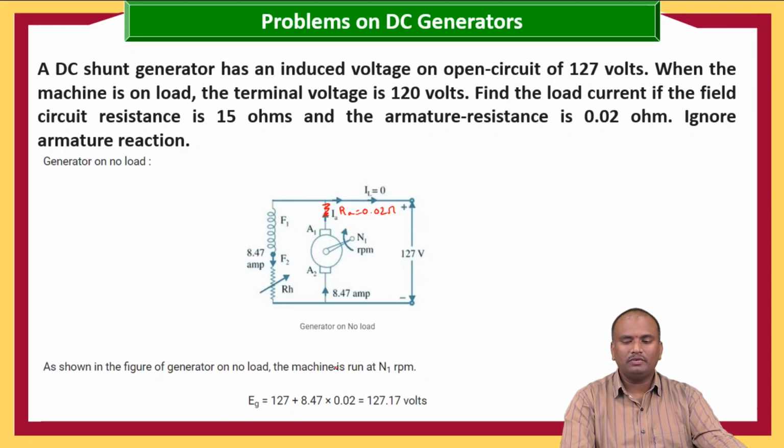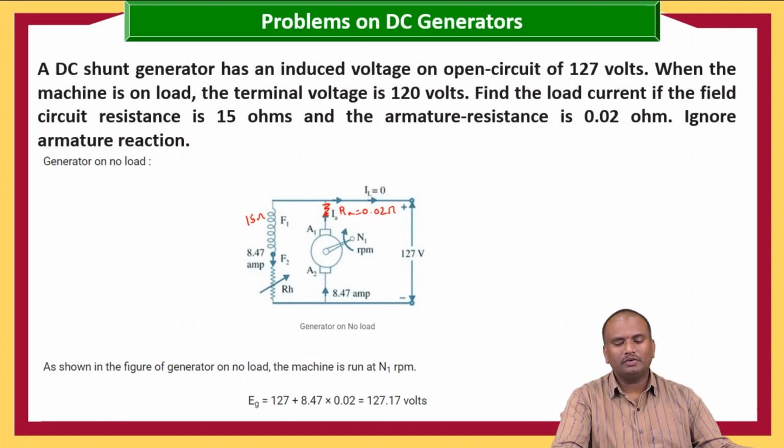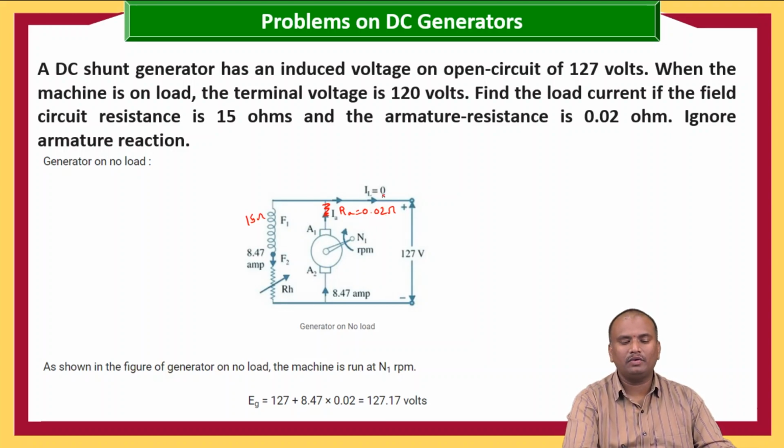Here the RSH value is given as 15 ohms, and armature resistance is given as 0.02. When the machine is on no load, the load current is 0.